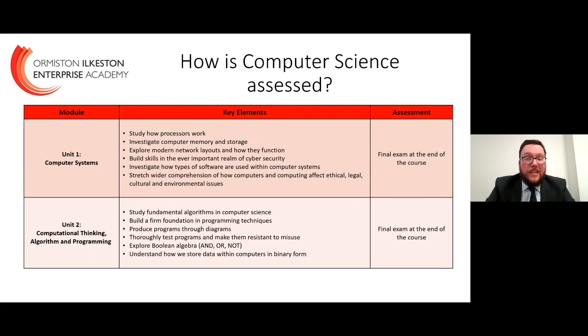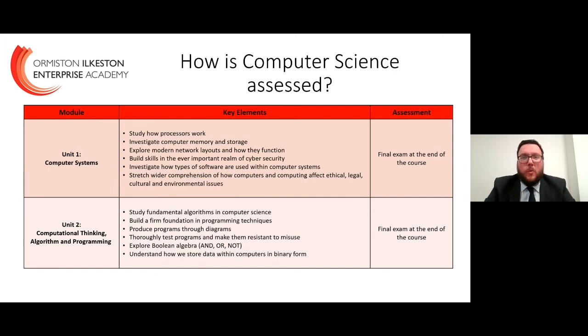Now, both of these units have a final exam at the end. This course has no coursework. Okay, it is 2 exams sat at the end of the course, so in year 11, both with an equal weighting of 50%. Now, that's not to say that both of these units don't actually include some practical elements, because in order to learn programming, you are going to be practically programming software for different scenarios, and that's where the practical elements come in.